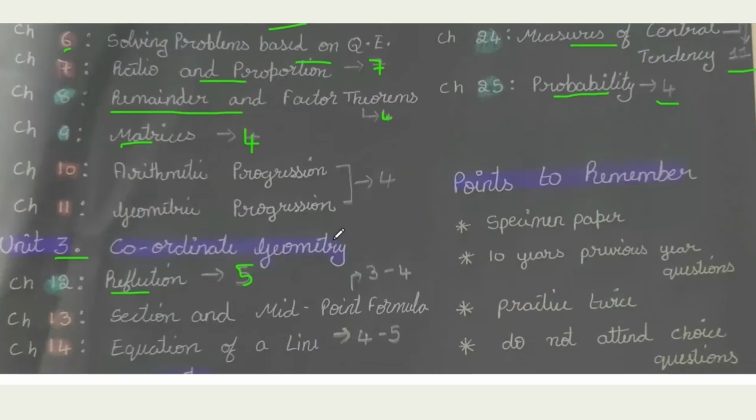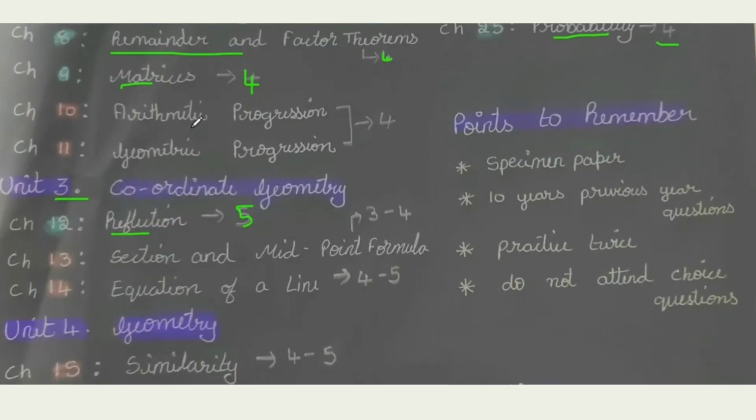And the next is arithmetic progression and geometric progression. Last year geometric progression was reduced, and the chapters Shares and Dividends, all three chapters were reduced. This time we don't have any reduced syllabus, we have everything this year.